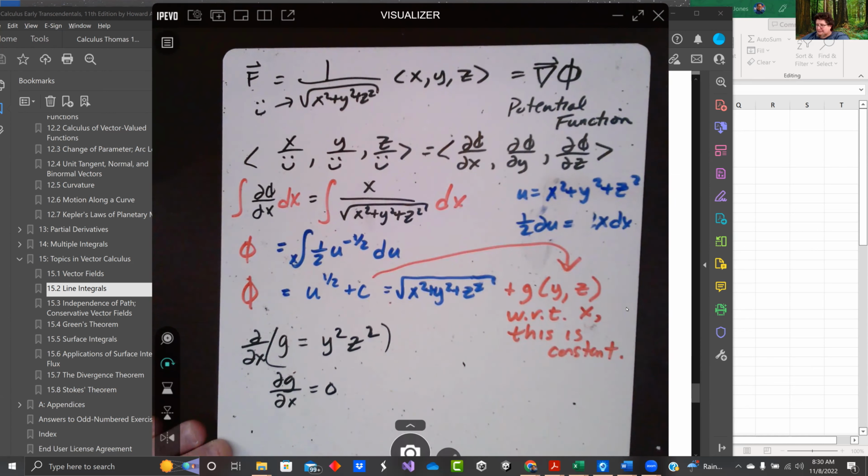And if I subtract these from both sides, I get dg/dy is 0. So g of y,z is not a function of y. So maybe we'll call g of y,z just h of z. It still might be a function of z.